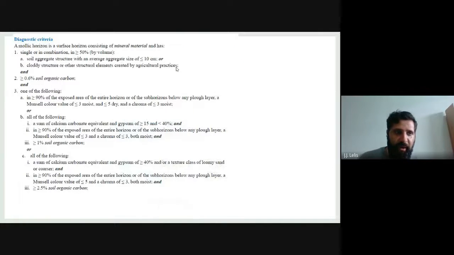To identify the diagnostic criteria of a mollic horizon, we should present material composed of mineral material, so the organic carbon is lower than 20%, and we should present at least half of this material aggregated.